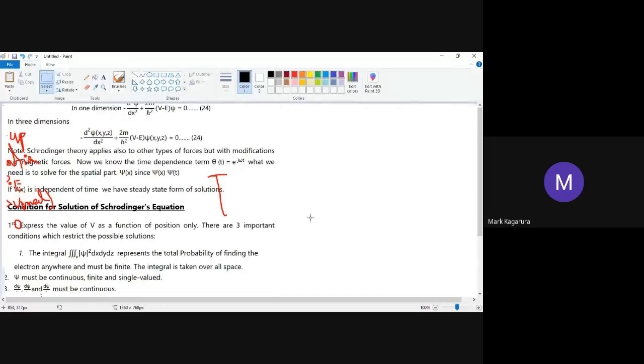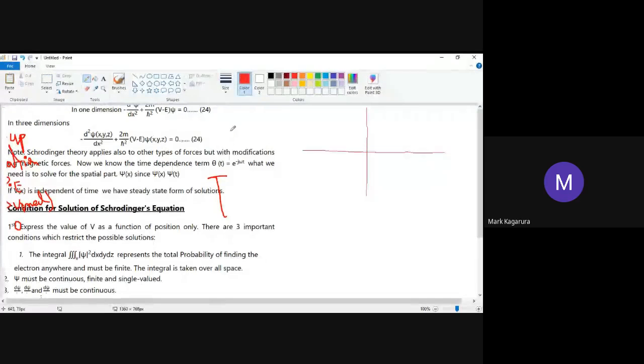Now, the wave function is plotable, so it's not something weird.